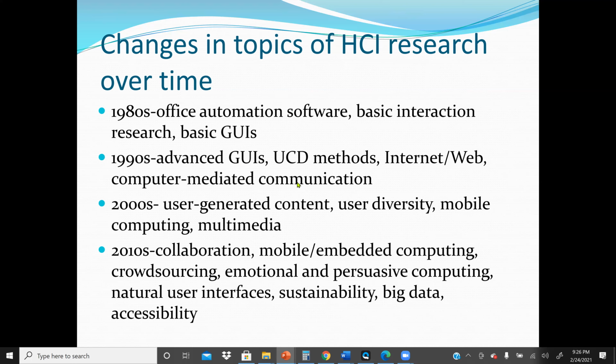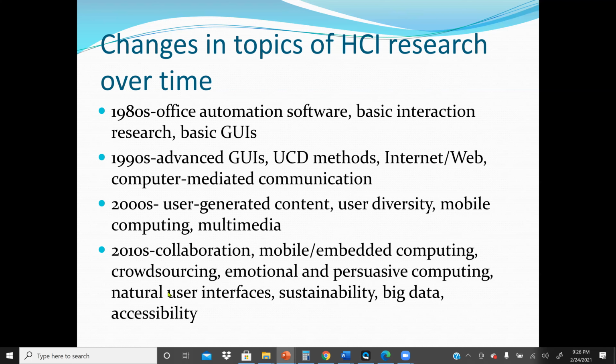We have touch screens and sensors. We can use sensors to again interact with computers, normally using games. By 2000, user-generated content, user diversity, mobile computing, and multimedia became common.